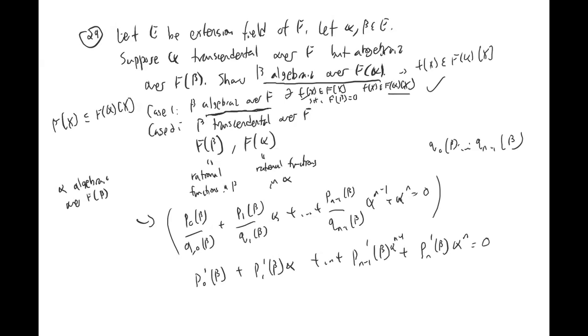Does everyone understand what I did? All I did was multiply by the common denominator, and then I get a new set of coefficients. Is everyone good on this?